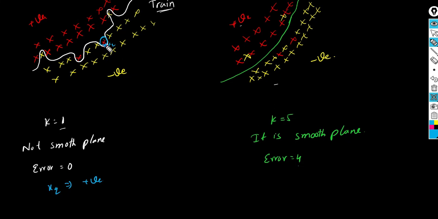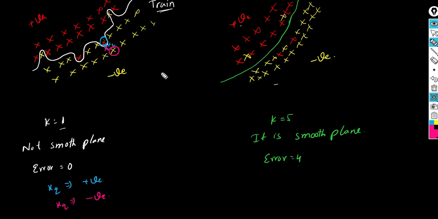Let's see what happens if we slightly change the query point. I will use a different color. If we slightly change the query point, the nearest point is now this one, and this point is negative, so the query point is now classified as the negative class.